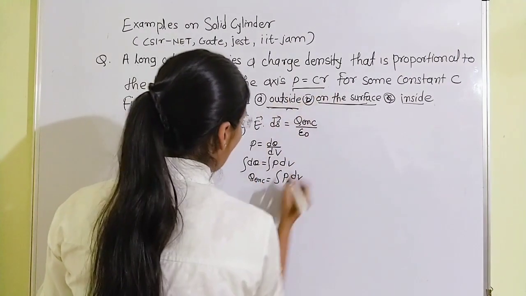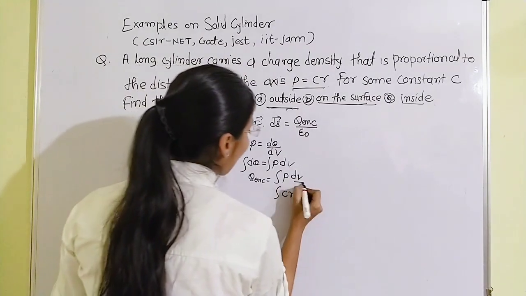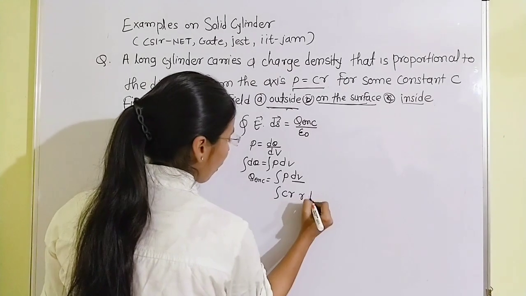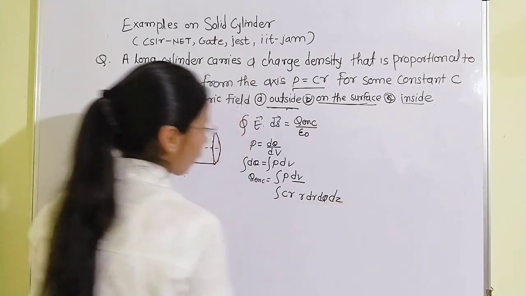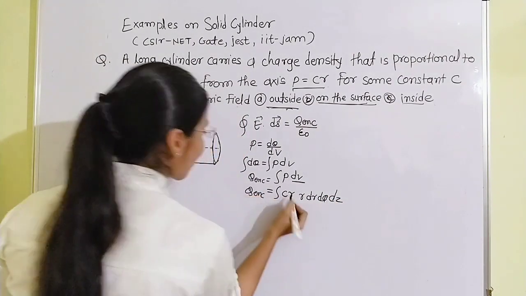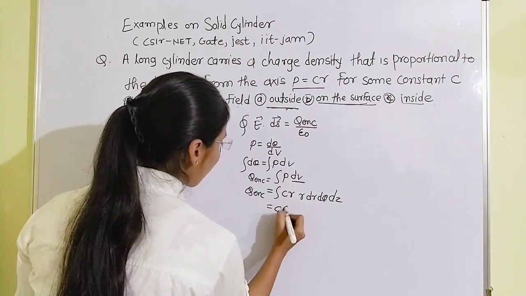Here rho is c into r and the dv for the cylinder is r dr d phi dz. So first we separate this. Here c is the constant, so we will take it outside the integration.